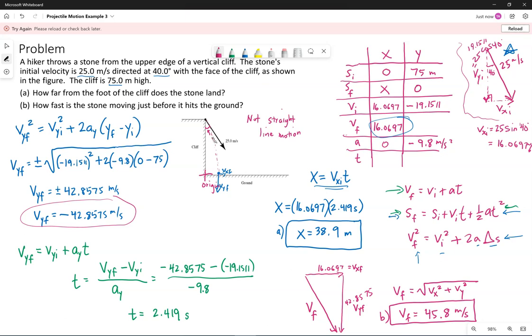We could be asked for how high the cliff was. We could be given a final velocity and asked for time or how high the cliff is. So the most important part is to watch for the approach, the setup, how we approach a problem, as opposed to just the final equations we're plugging in.